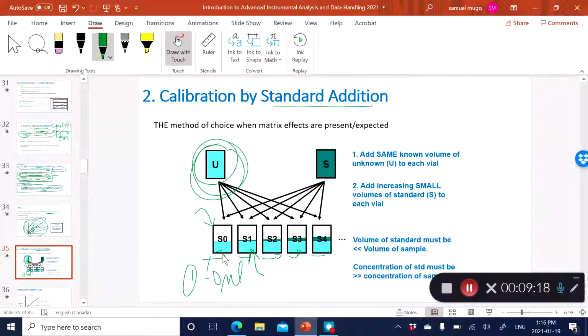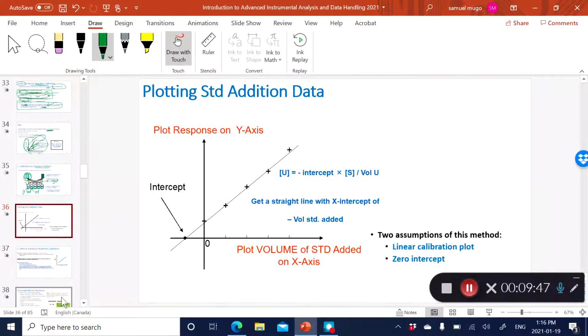In vial 2, you can spike it with 5 microliters of the standard. In vial 3, you can spike it with 10 microliters of the standard and so forth. And so in the end, you've got standards that have got analytes and samples and the matrices, all in solution. So you can see that all of them have got the same matrices. And then after that, you would analyze them on the instrument.